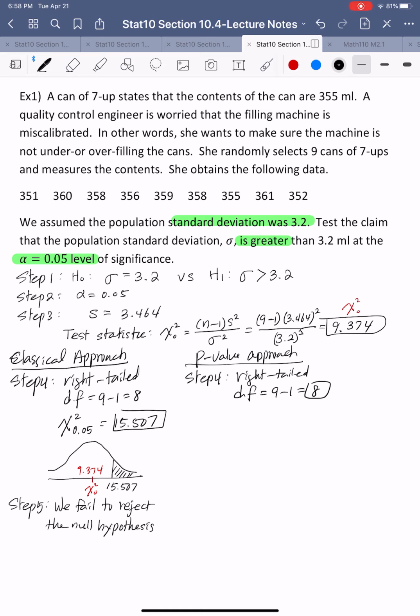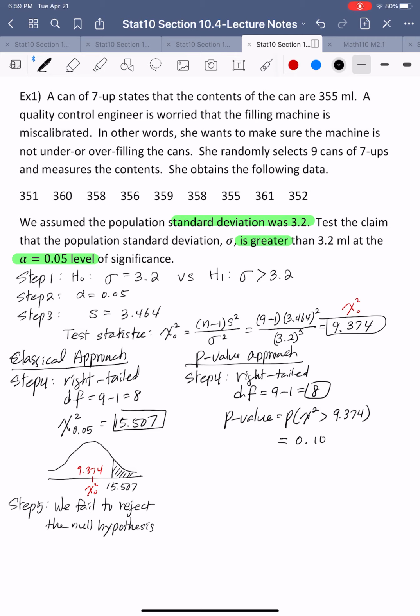We got the test statistic as 9.374, and the p-value is P of chi-square greater than 9.374. If you check the table, the p-value comes out at about 0.10.